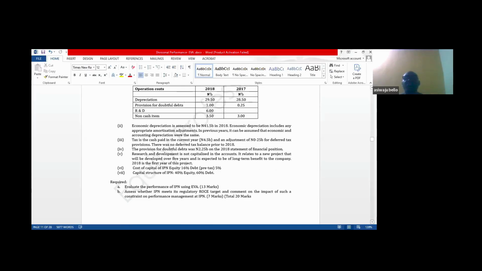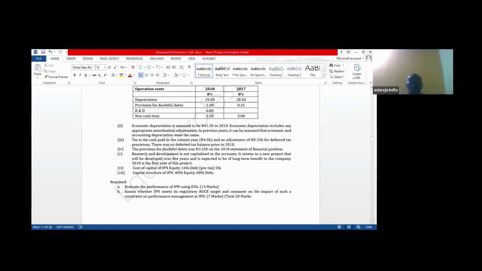An adjustment of 0.25 billion for deferred tax provisions. There was no deferred tax balance prior to 2018.